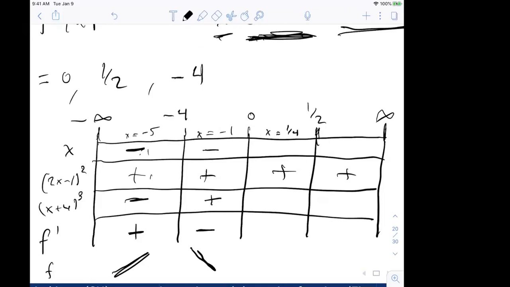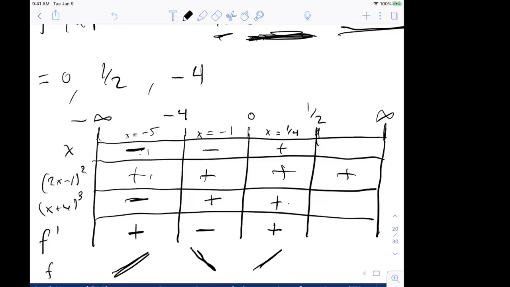Yeah, it's positive. Very good. All right, and then we already filled out the second row. And so for the third row, what do we get? When x is positive 1/4, yes, thank you, it's going to be positive. So between 0 and 1/2, we've got a positive times a positive times a positive, which gives me a positive. And so f is going to be increasing there. Okay.